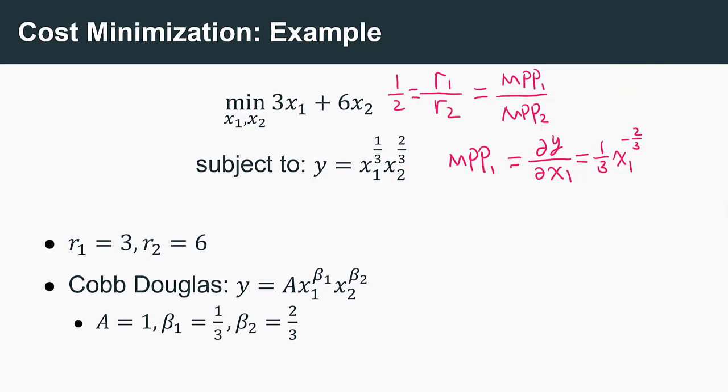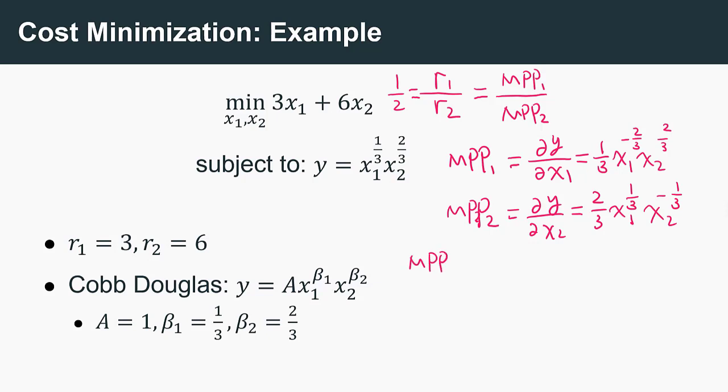And x2, we say it's a constant, so it's the same. MPP2 here is equal, again, the partial derivative. This time it's 2/3 here, x1 is treated as a constant here, and x2 is to the power of minus 1/3.